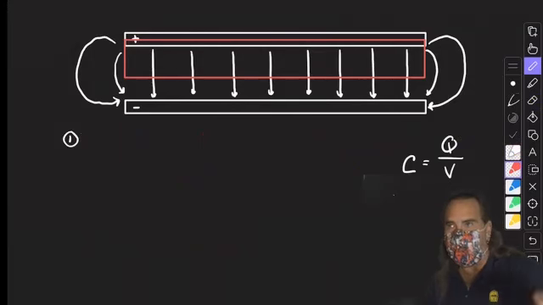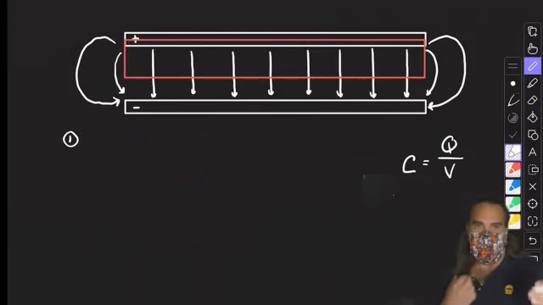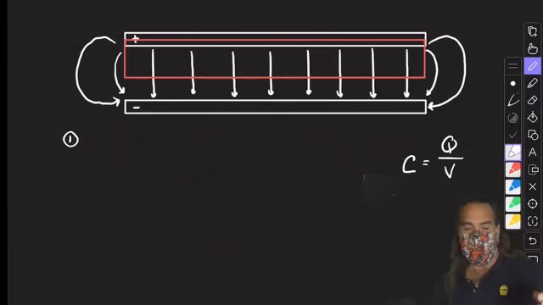I've drawn this in such a way that you'll notice all of the charge that's on the top plate is inside my Gaussian surface. It has to be. I have a conductor. The charge on the conducting plate has to be on the inside of that surface. So all of the charge has to reside here on the inside of this surface.